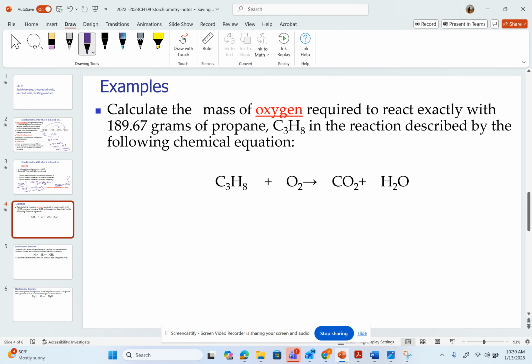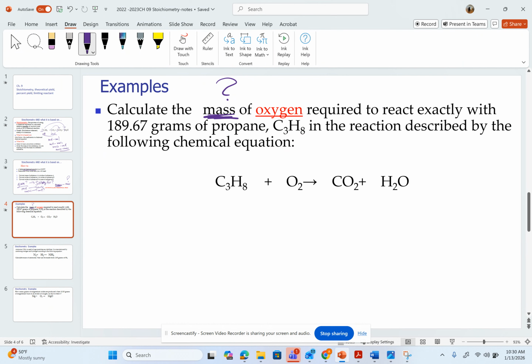So let's do a few here. It says calculate the mass of oxygen required, so I'm going to put a question mark up here. Calculate the mass of oxygen required to react exactly with 189.67 grams of propane in this reaction.